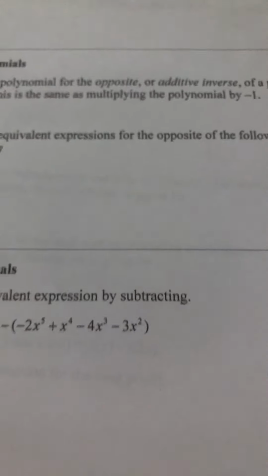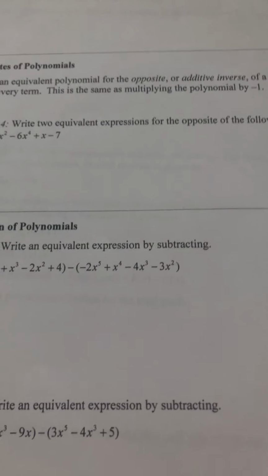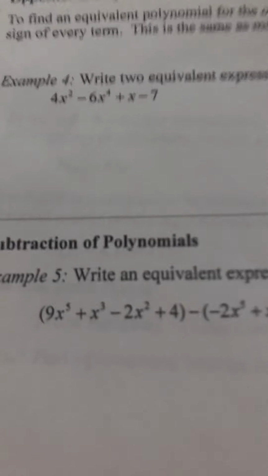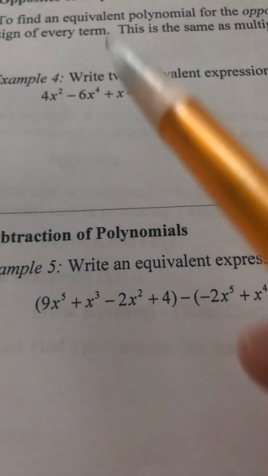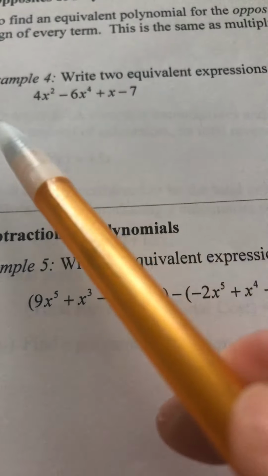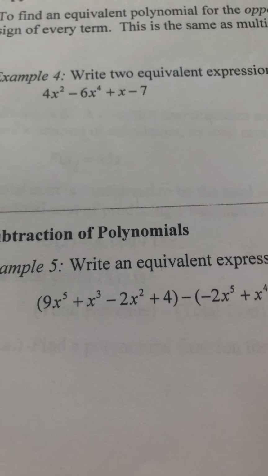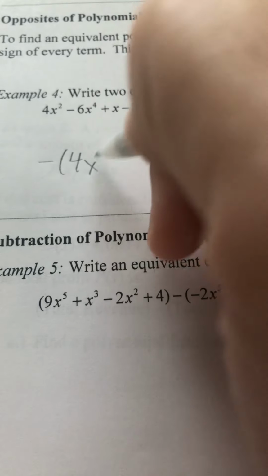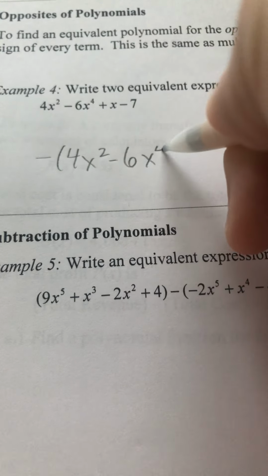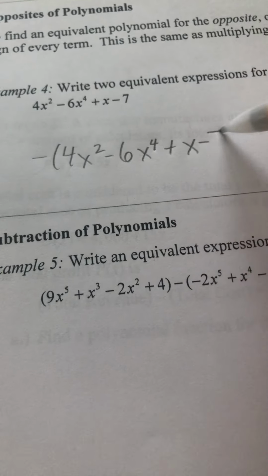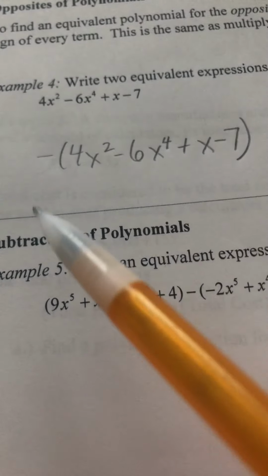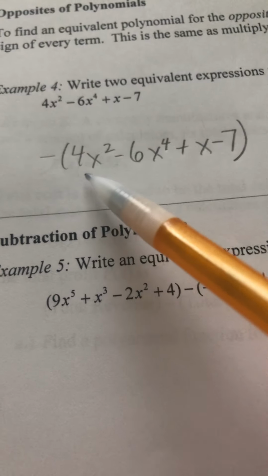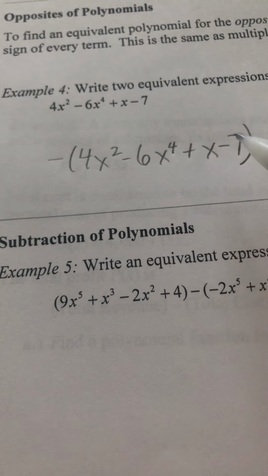So the first thing we're looking at is just an opposite of the polynomial. So the important thing is that when you want the opposite of this thing, it's the opposite of every single term. So one way to denote that is this. Because remember, opposite means put a negative in front of it. The other option is that you could make every single term here the opposite.